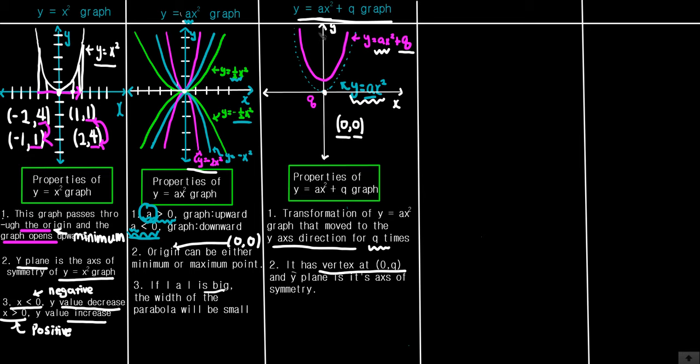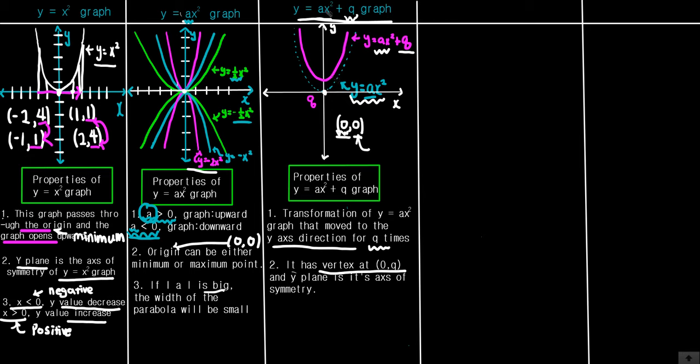For ax² + q, we transform the graph in the y direction, which means the y value of this coordinate will change, but the x value stays the same because we didn't move it in the x direction.